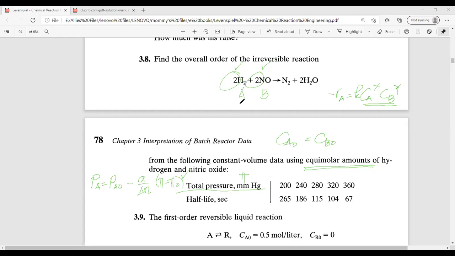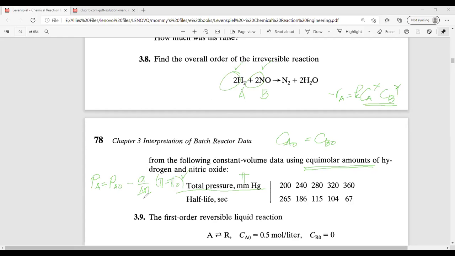So in this case, if A is hydrogen and you're after the partial pressure of hydrogen, this small a is 2. It's the stoichiometric coefficient in the provided chemical reaction.